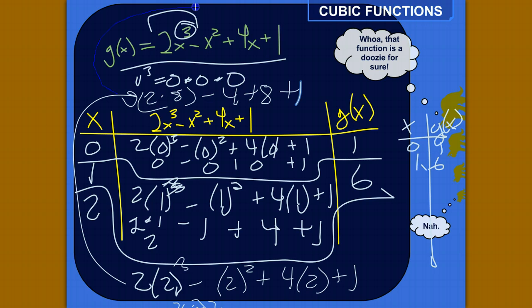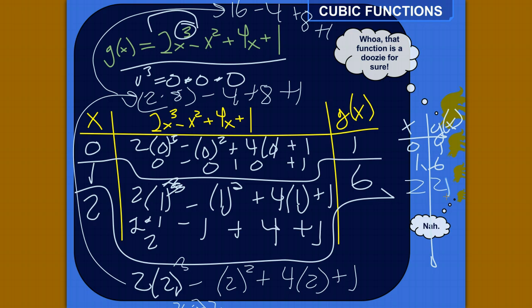Minus 4 is 12. Plus 8 is 20. Plus 1 is 21. So if I plug in 2, then I'll get 21.